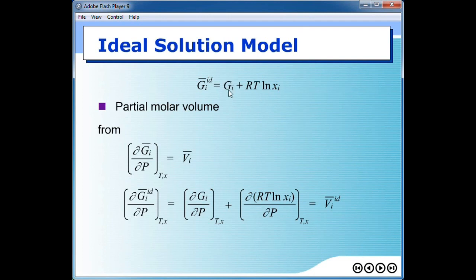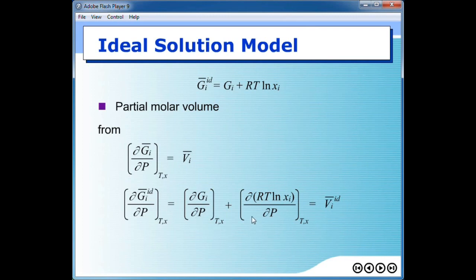You get the first term differentiated with respect to pressure, you get this term, and the second term to be this term. Our differentiation is done at constant temperature and constant mole fraction. On the right-hand side, the differentiation of this term equals the partial molar volume, just like what we obtained from the fundamental relation here. We put ID just to say that right now we look into an ideal solution mixture.